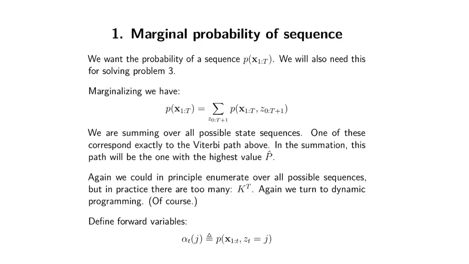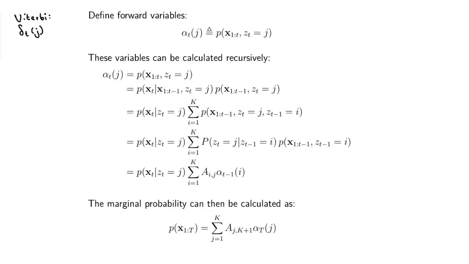In Viterbi, we defined these delta terms, delta t j. Now we're going to define these alpha terms. Let me just scroll up here. For Viterbi, we defined these delta tj's. For the algorithm for the marginal probability, we're defining these alpha terms.